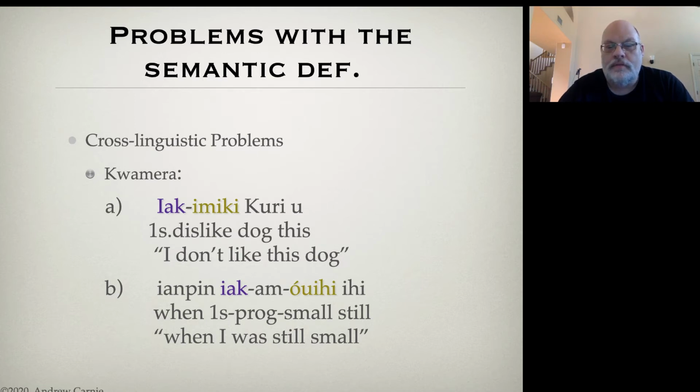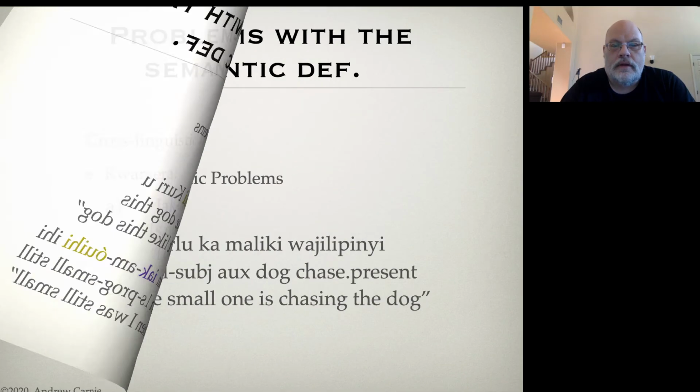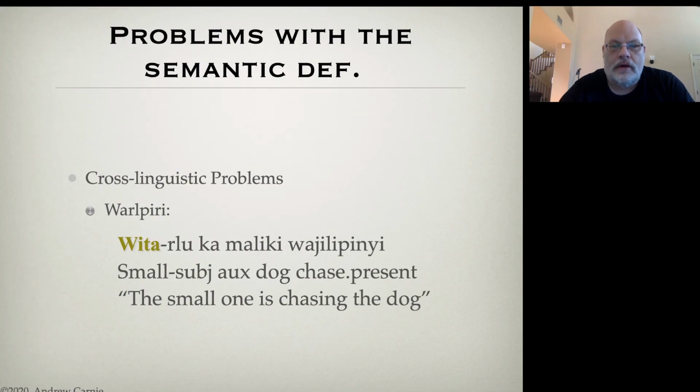So the word for small has the property of expressing a quality, and it's taking this prefix that only attaches to verbs. So this tells us that something else is going on here. Small, which by semantics should be an adjective, is functioning like a verb.